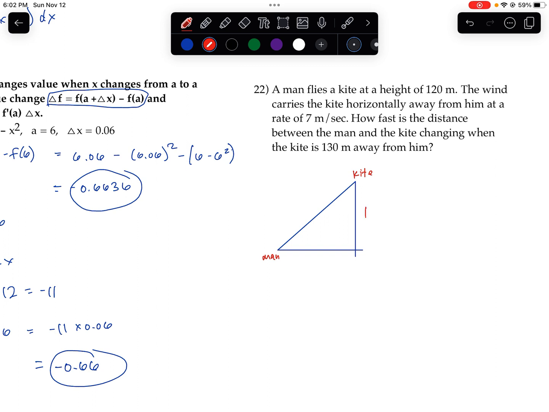And the height is 120. I don't think it's referring to the diagonal height. The wind carries the kite horizontally, so the rate at which it's being carried away is 7 meters per second.